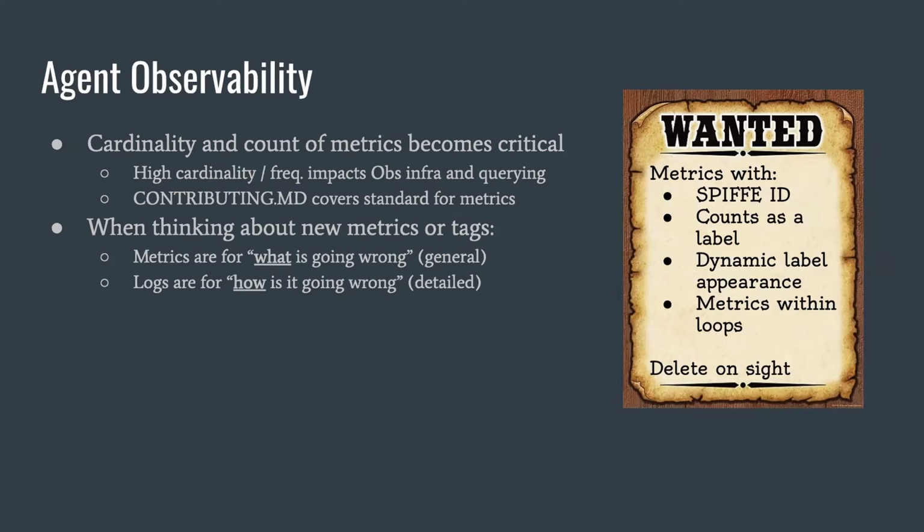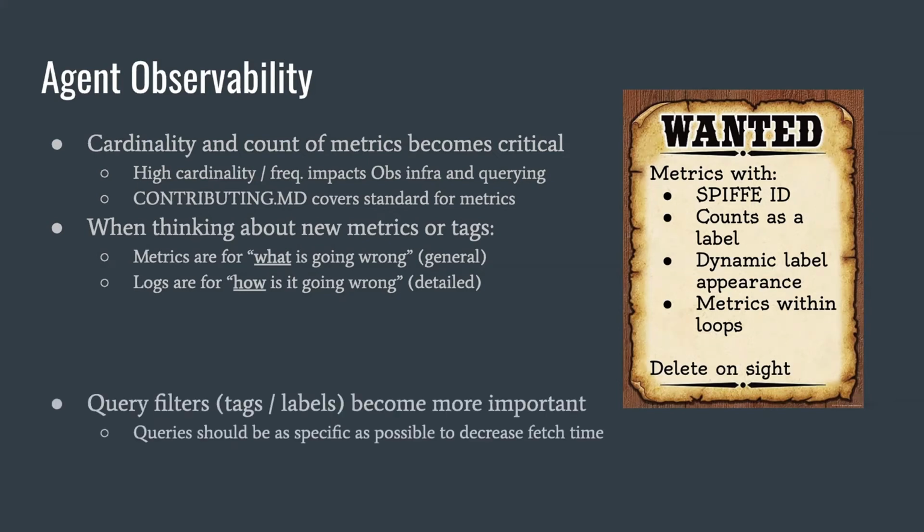It could be dozens, hundreds, thousands. That's a lot of data when you just want the total aggregate. Also, when you are querying, make sure that you are very specific for your querying for tags or labels. This makes sure that you decrease your fetch time so that you can get proper graphs and proper alerts going.